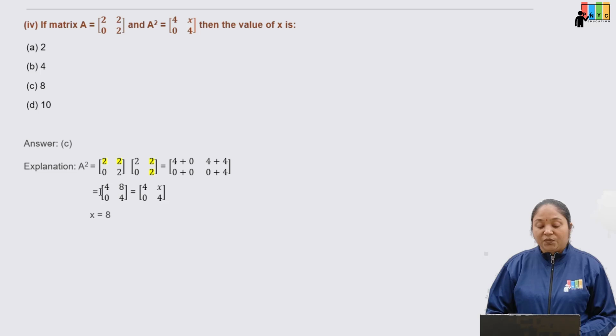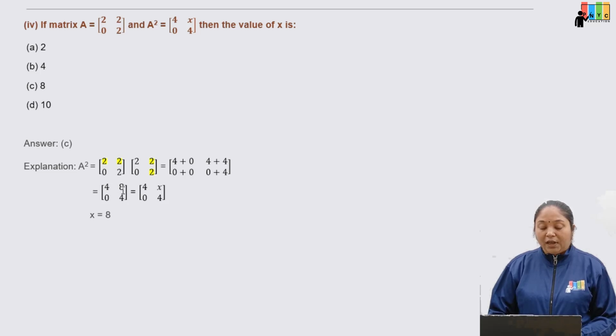What do we get? A² is 4, 8, 0, 4. Now we'll compare with the given A². So what is the value of x here? x is nothing but 8. So the value of x is 8. The correct option is option number C.